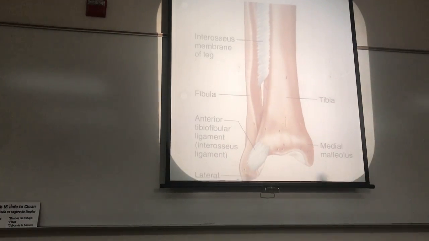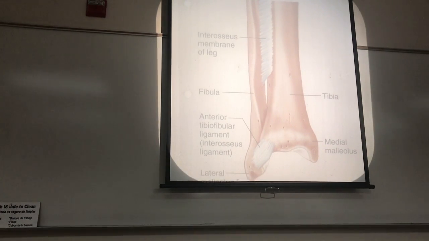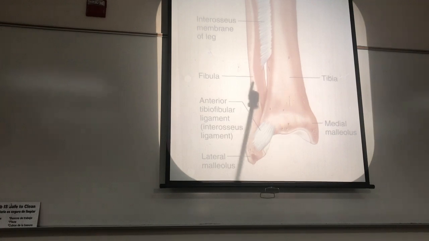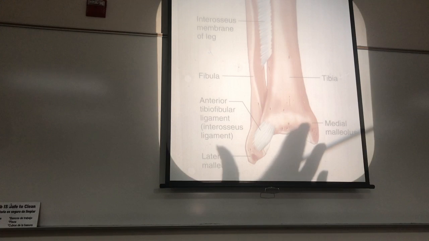All right, so again, our plastic skeletons weren't going to show us any of these kinds of connections, but this is the tibia. And you know that lying right next to it in anatomical life is the fibula.